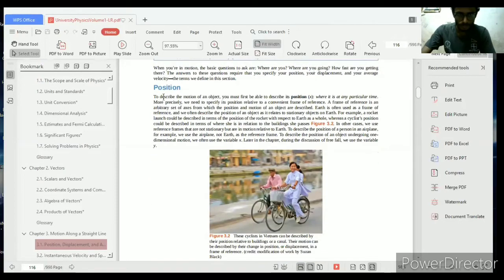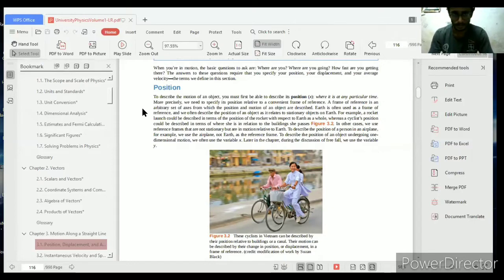What is position? In our world, position is described using three axes: x-axis, y-axis, z-axis, and one more which is more theoretical, that is time.